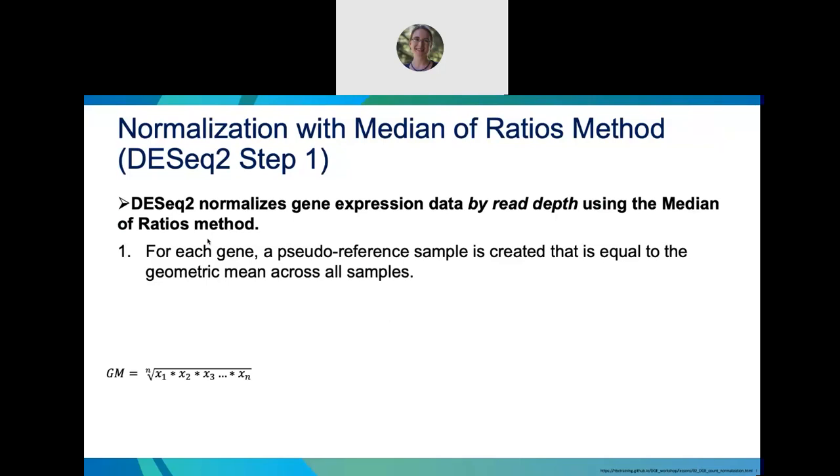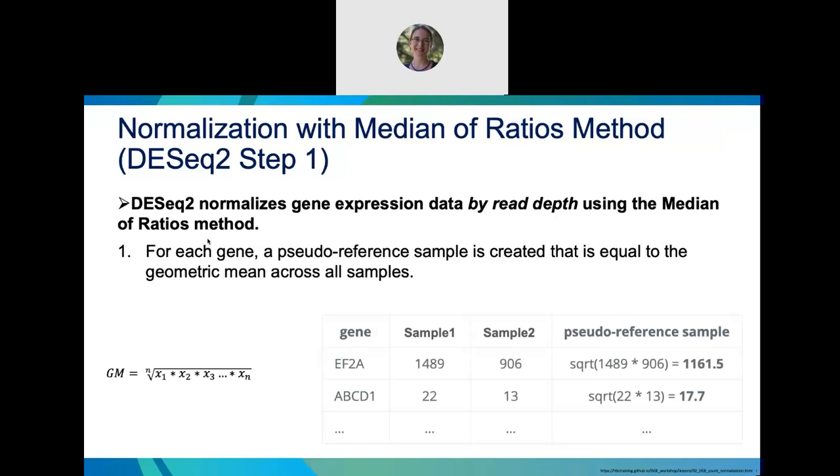So this is for each gene. And we create what we call a pseudo-reference sample for each gene. So across every row, we perform the geometric mean calculation. We get our value, and that serves as the pseudo-reference sample for that gene.